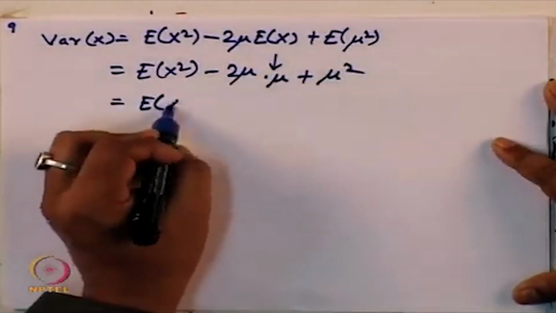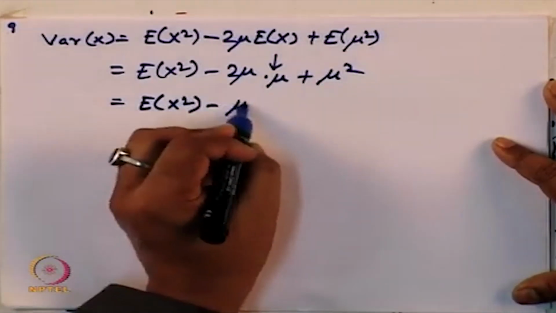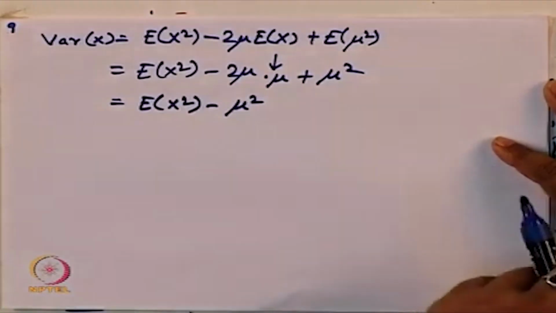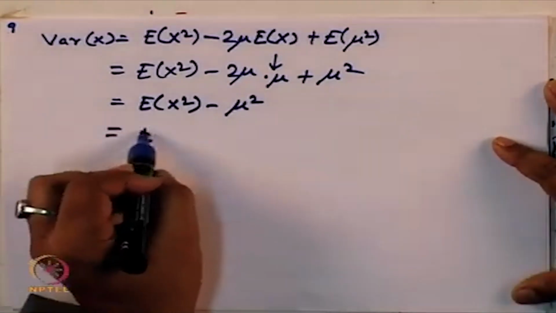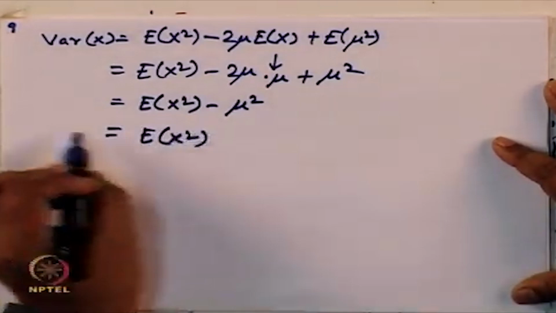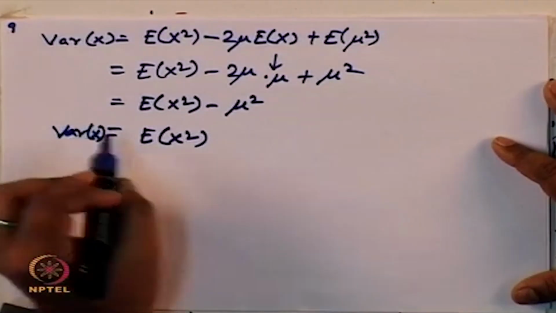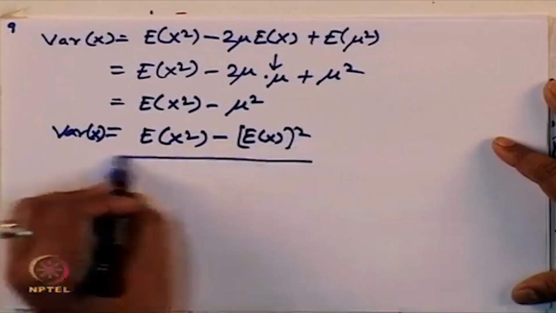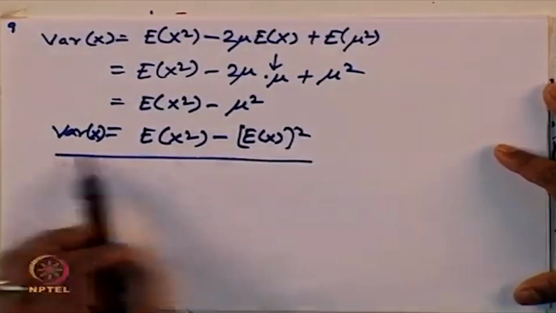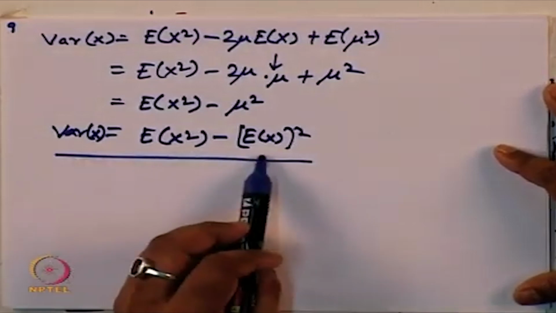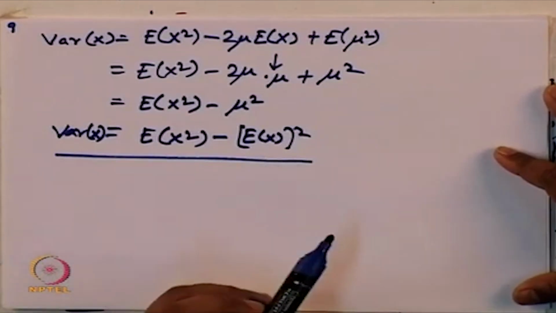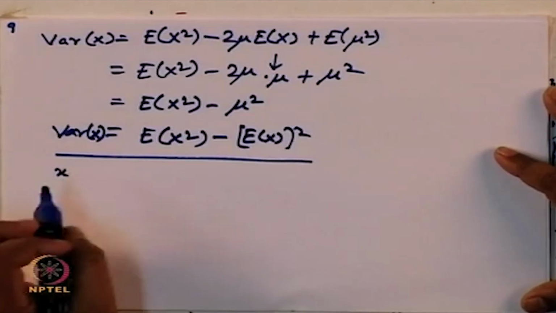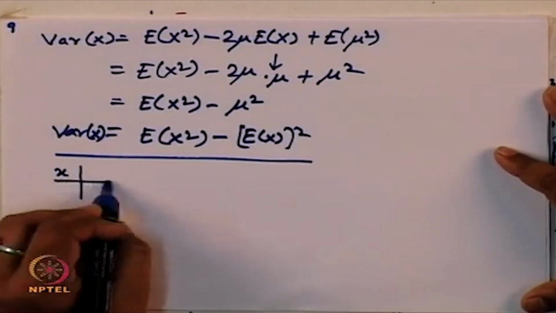So, this gives me, so you have a minus 2 mu square term and a plus mu square term. So, this will give you a minus mu square term. So, variance of x... okay. So, this is the final expression for variance of x: expectation of x square minus expectation of x whole square, okay.